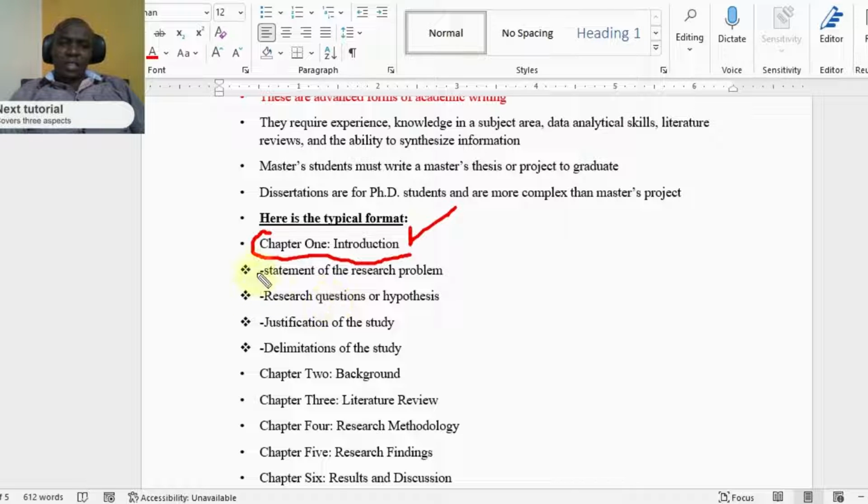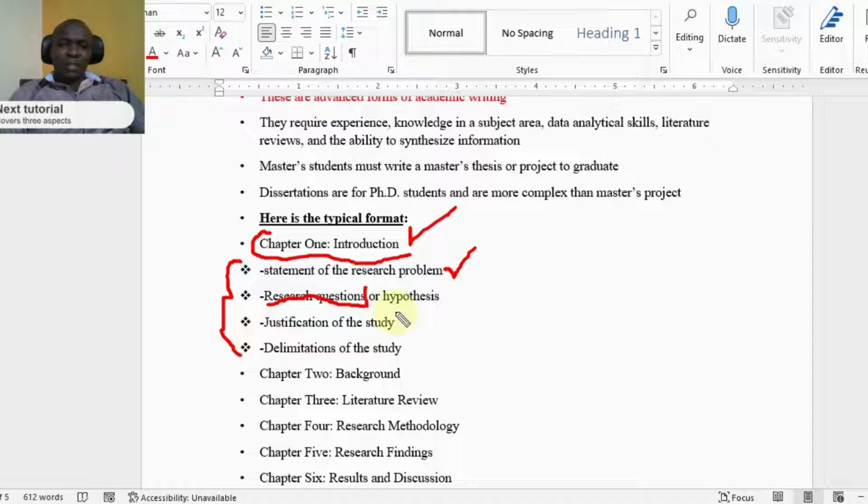Under this, we have some parts you need to discuss. First is the research statement, the research problem: what does your study seek to solve? Then we have the research questions: which questions do you want to tackle?